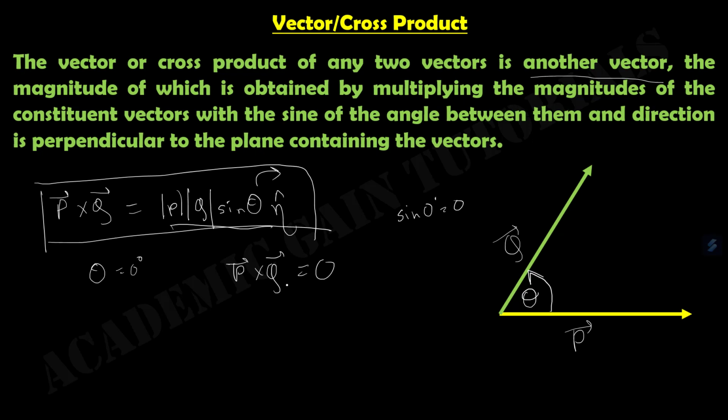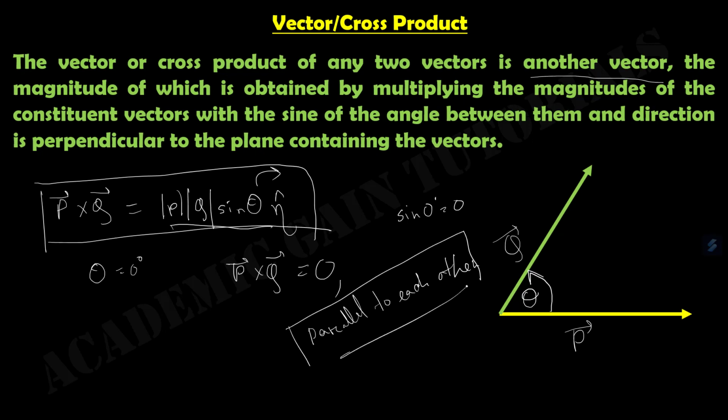So when two vectors P and Q are parallel to each other, then their cross product must be 0. This is a special case we have to remember. When two vectors are parallel to each other, their cross product will be 0.